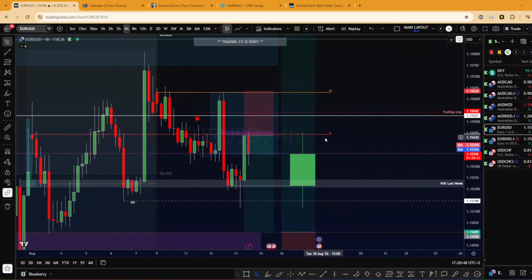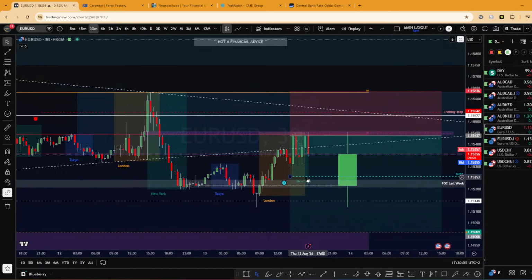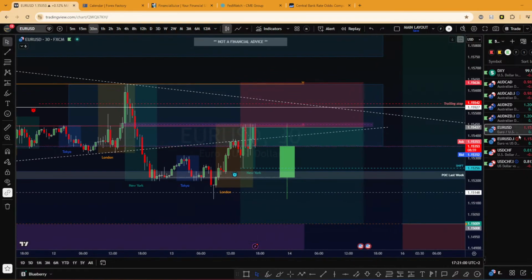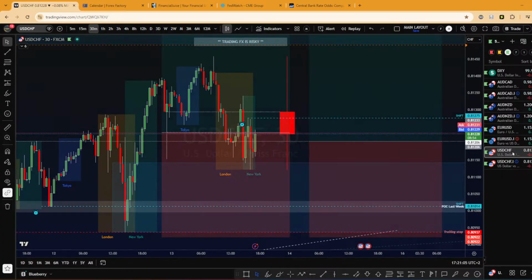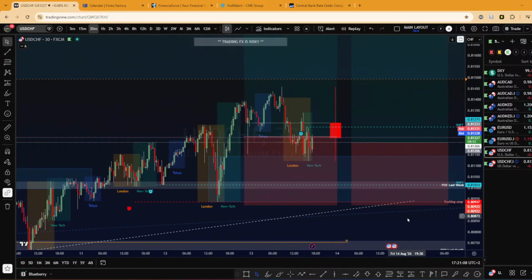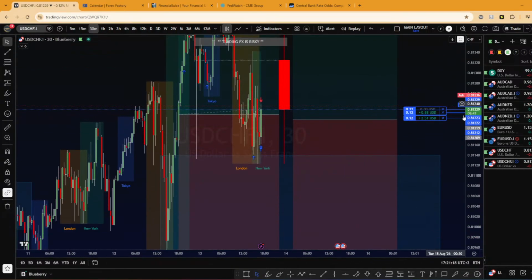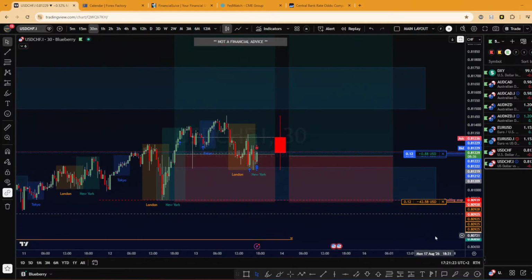You see, rejection of this monthly open. Hopefully we can reject and break and close below this level, and then I will be happy to hold it. Okay.